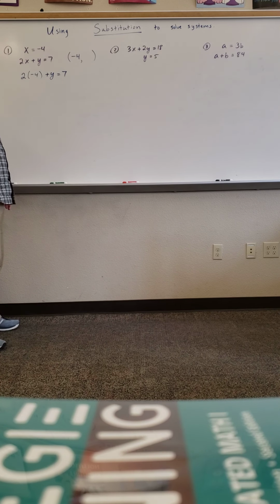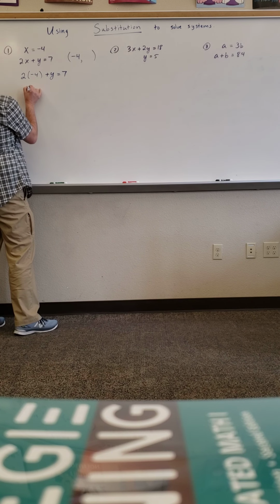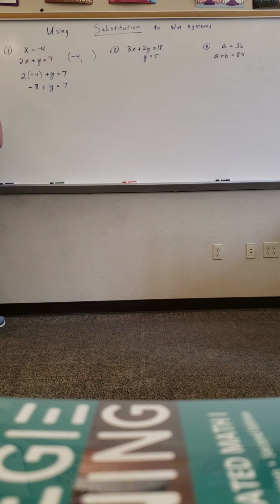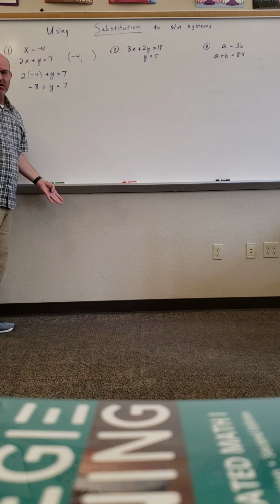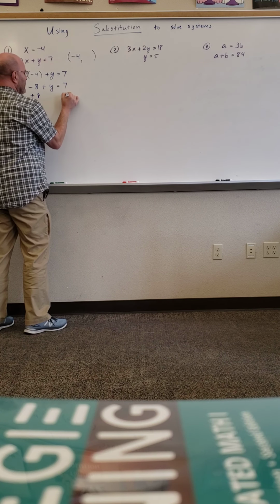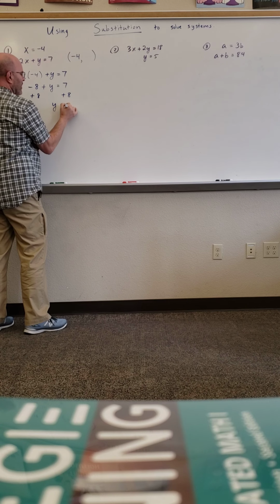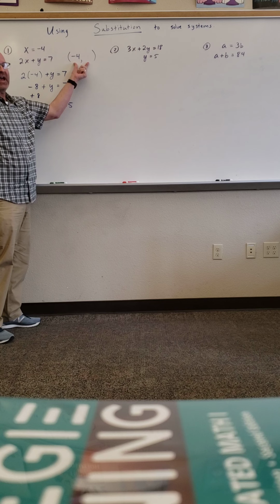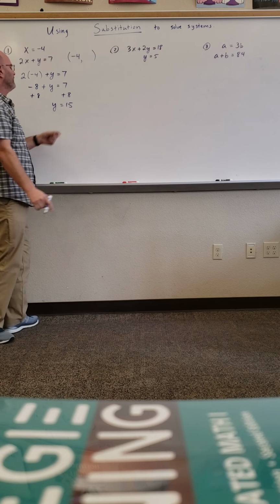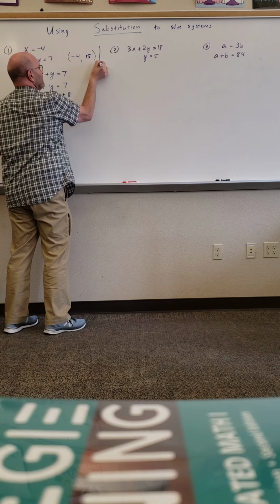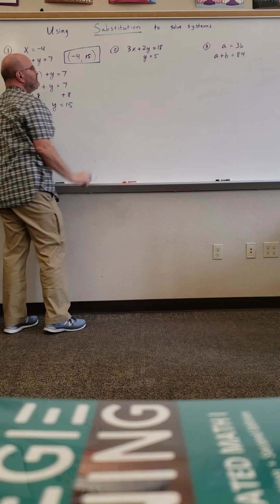When we make a substitution, something good happens. We now have the equation -8 plus y equals 7. And now if I want to isolate y, get y by itself, of course we'll add 8 to both sides, and lo and behold we get y equals 15. So notice my solution that was half done can now be fully done by plugging in 15 for my y value, and I'm just going to box my final answer.